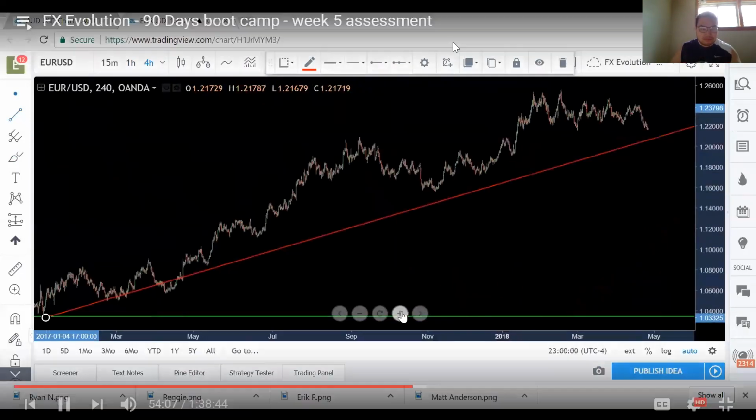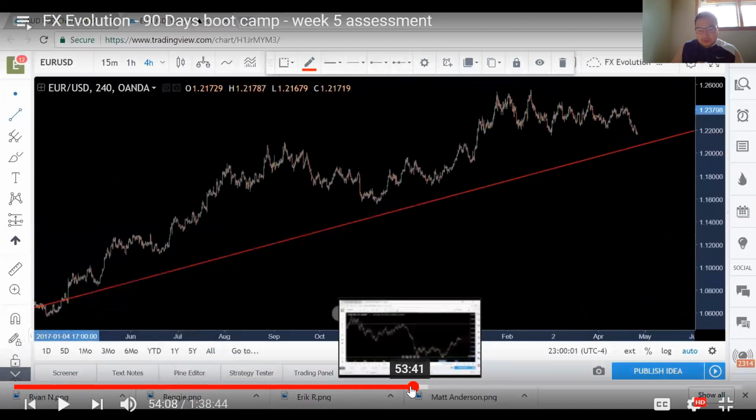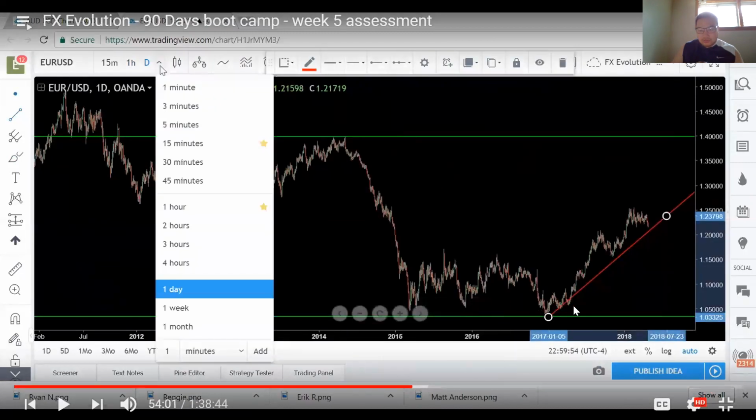Draw 2 support and 2 resistance. All right, I'll back up a little bit. She drew a trend line, but she's not connecting any points. Right now, this trend line is connecting nothing. So you want to connect 2 points from wherever you start. So I say here to here, draw a straight line through.